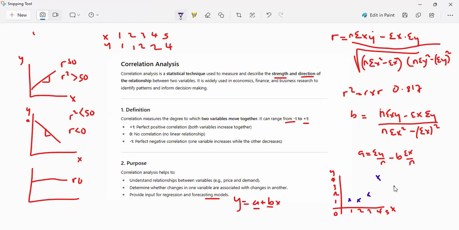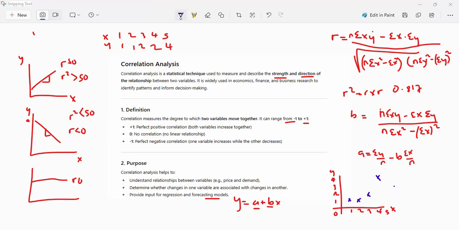Are we together? So in that case, we now get to business, to calculating these particular values. Are we together? Now, how do we calculate the R and how do we calculate the B and how do we find all those figures?